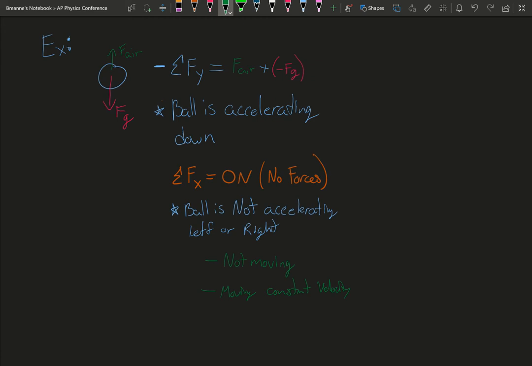We just know it's not accelerating. So it could be not moving or moving at constant velocity. We don't know. And that's what throws a lot of people off. They think that there's no forces, so obviously it's not moving. No, it just means it's not accelerating.